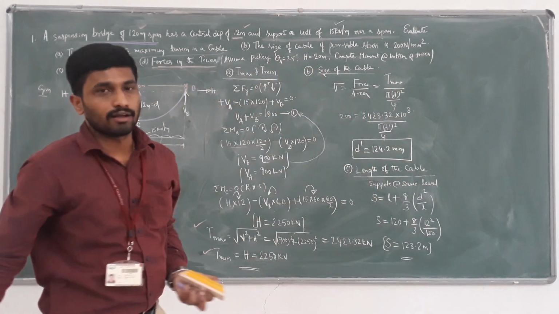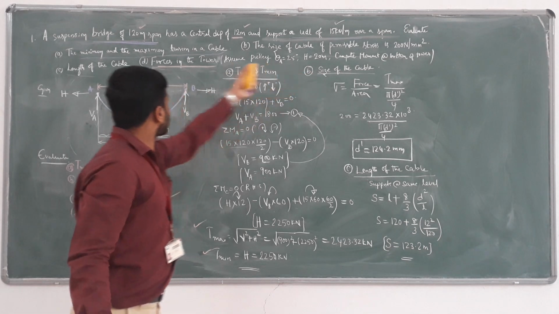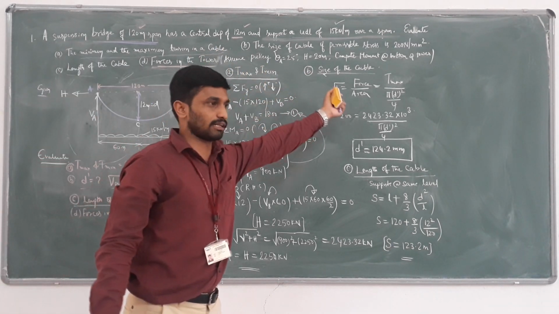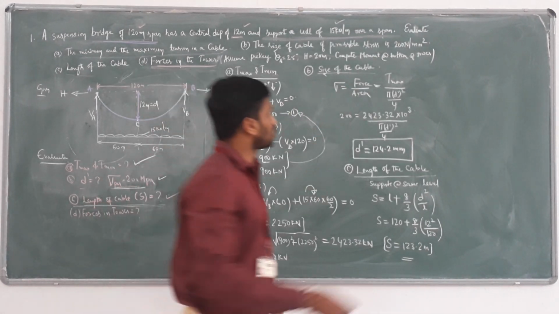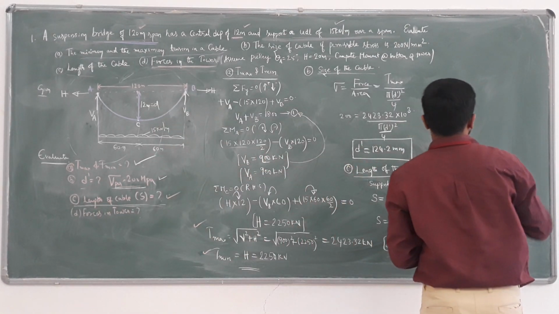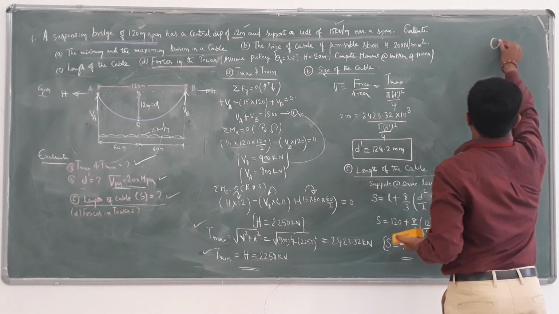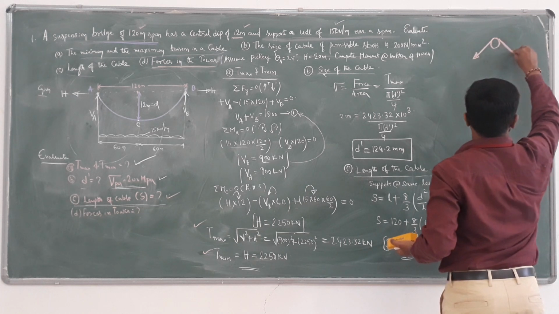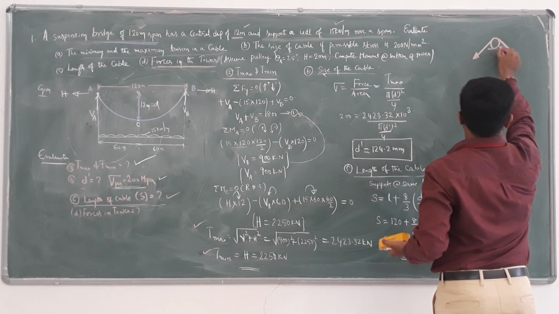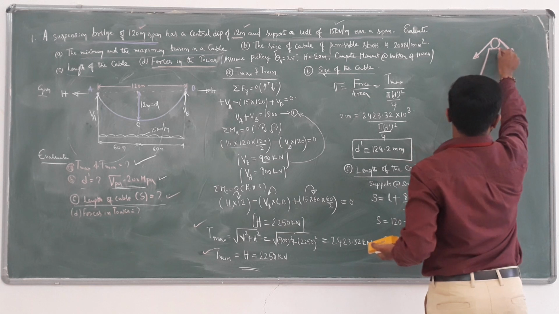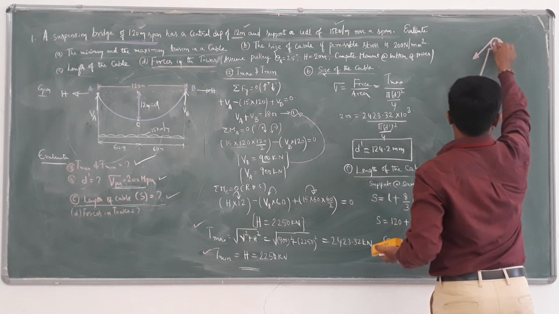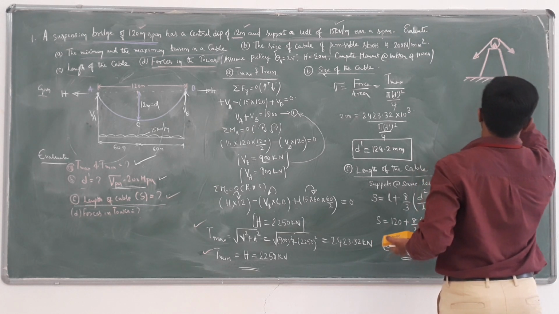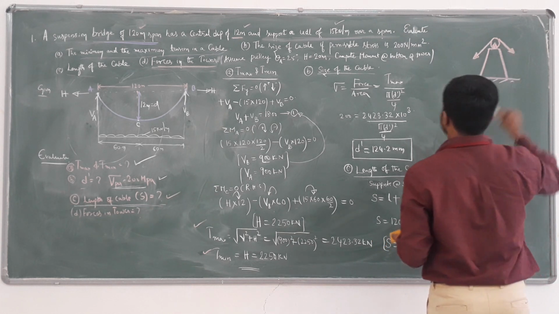So this is the thing I am asked to compute: forces in the tower. I am assuming only one case in this particular problem, that is the pulley case. For this case, I have already given certain things.